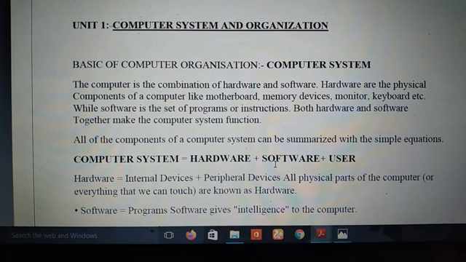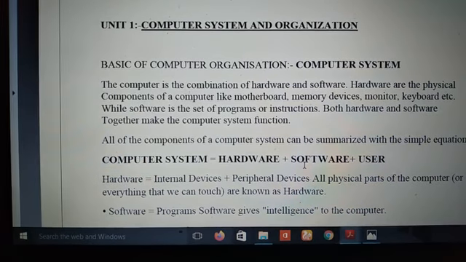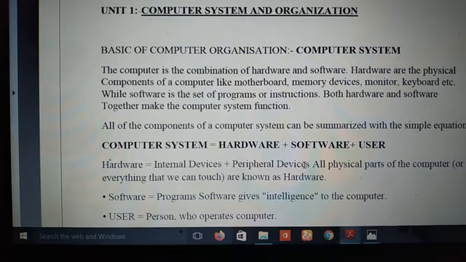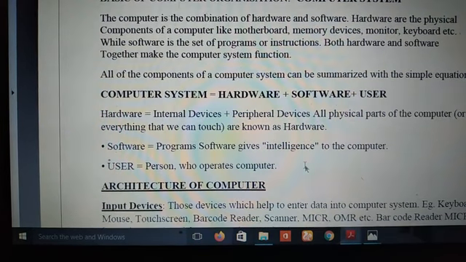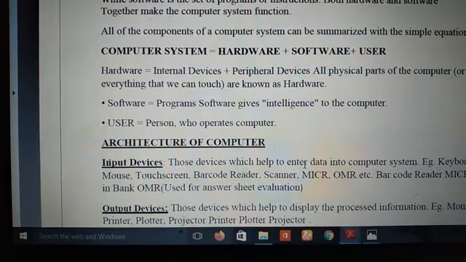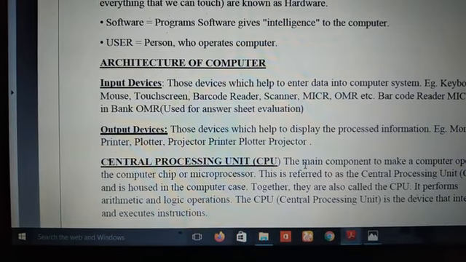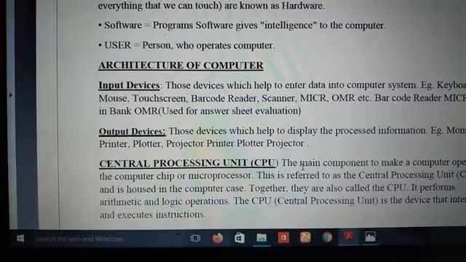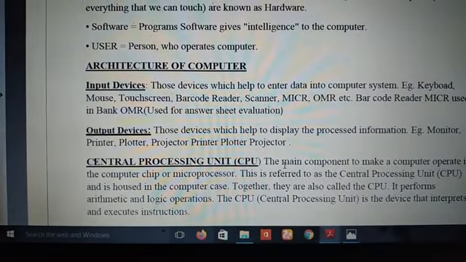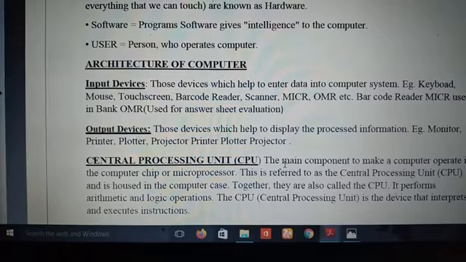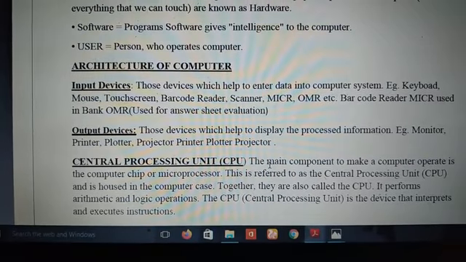Now coming to computer architecture. Computer architecture is the combination of central processing unit, memory, input, output and auxiliary memory.